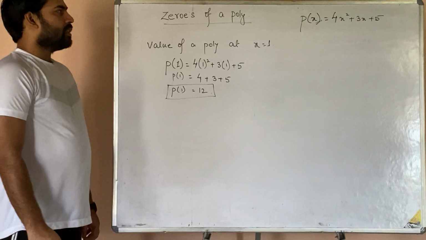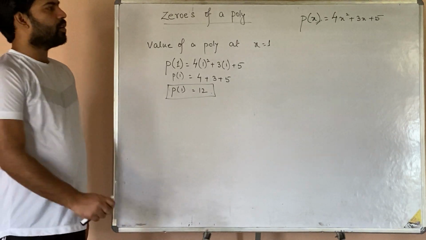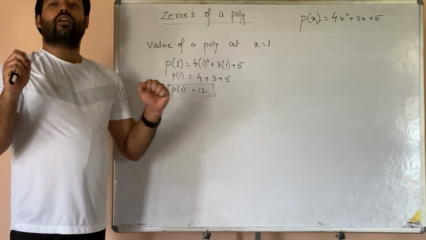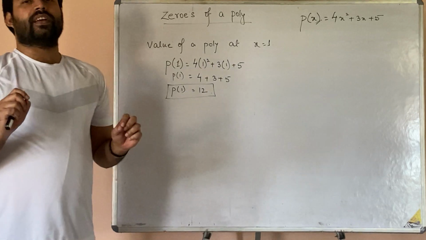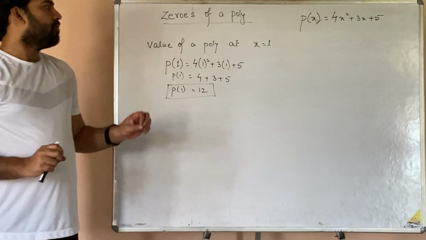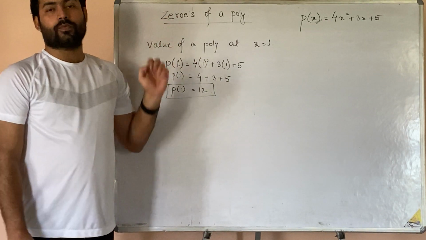Now the point is to find out the zero of a polynomial. Now what's the zero of a polynomial? Zero of a polynomial means the value of x by putting which the value of the whole polynomial turns out to be 0.